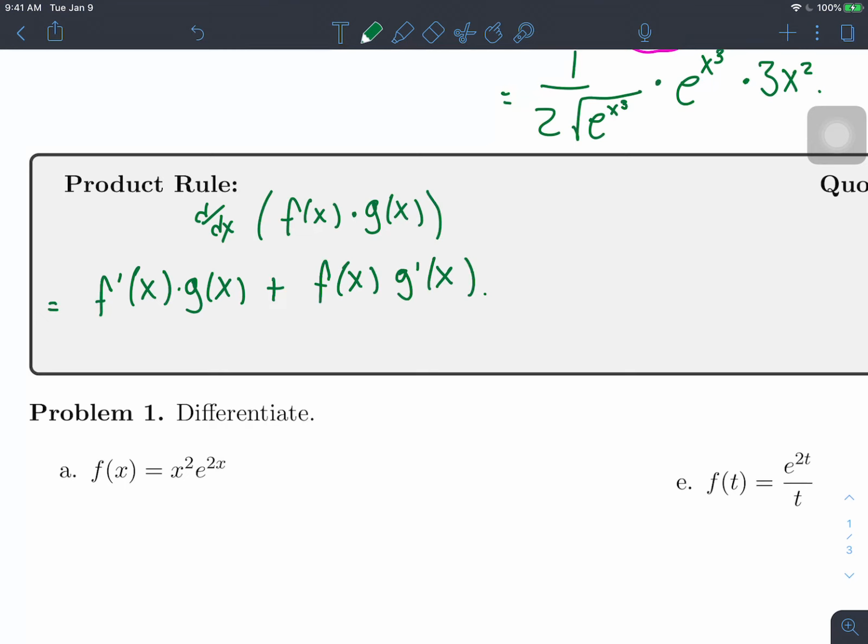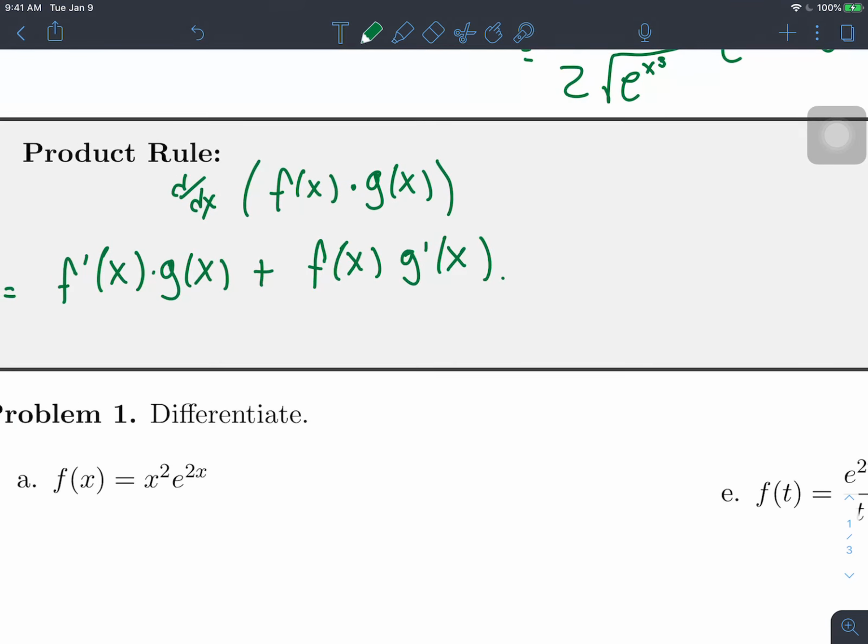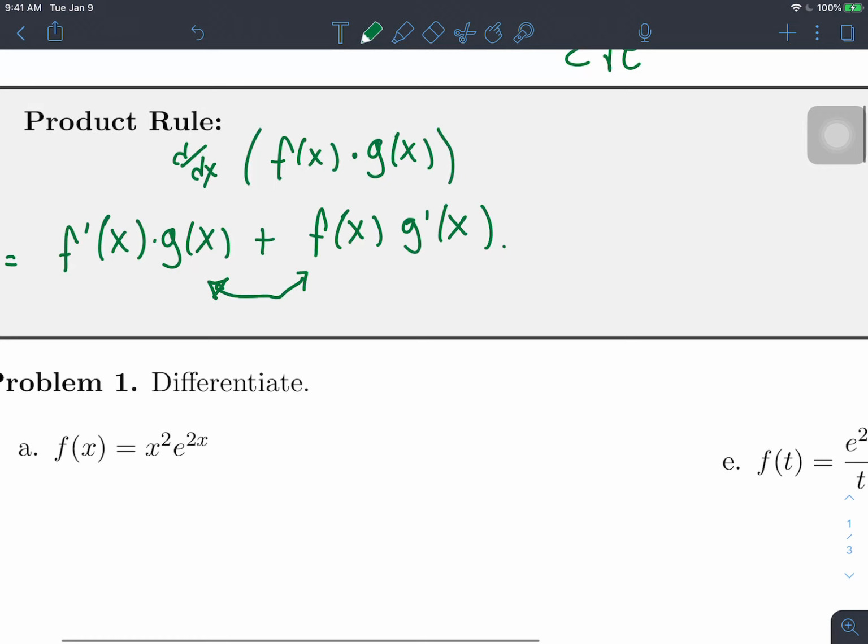The product rule also has the convenience of the fact that we have a sum here. So if you accidentally switch these two things up in the wrong order, that's okay, because, for example, we have the nice property for addition that 3 plus 6 is 9, but so is 6 plus 3.